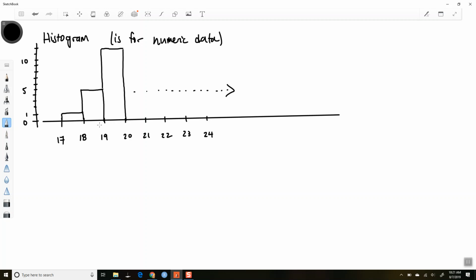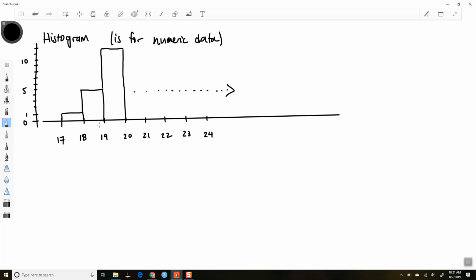And if we say, well, how much do you weigh? The range of weights can go anywhere from like 90 pounds to 300 pounds or something, and there's probably way too many individual values to keep track of. And so it might make sense to bin them and say, this is how many people who weigh between 100 and 109.9 pounds.